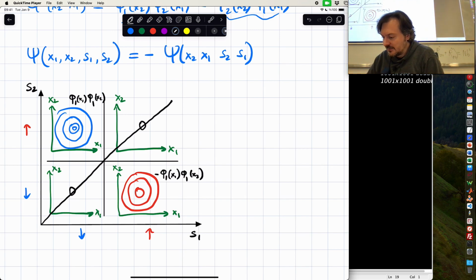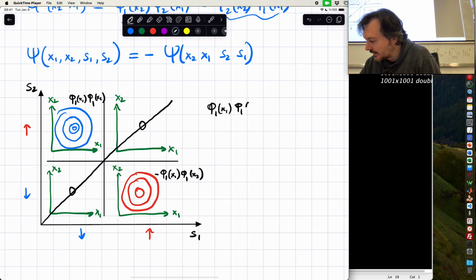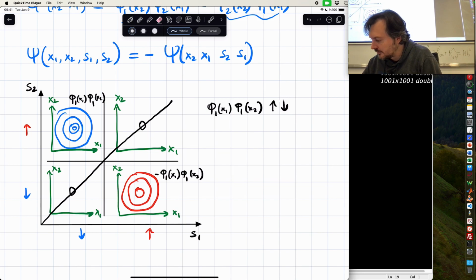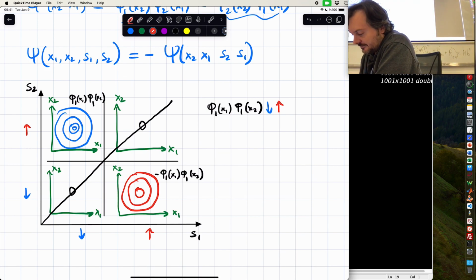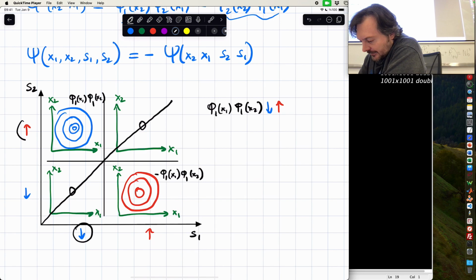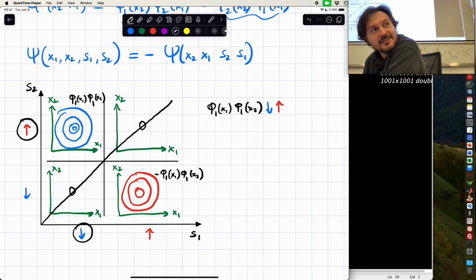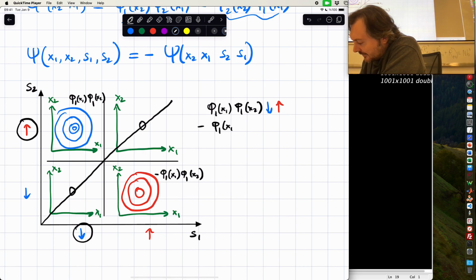What is this? This is phi 1 x1, phi 1 x2 multiplied by down, up. Why down, up? Because of this down and this up. Plus minus phi 1 x1, phi 1 x2 multiplied by up, down.